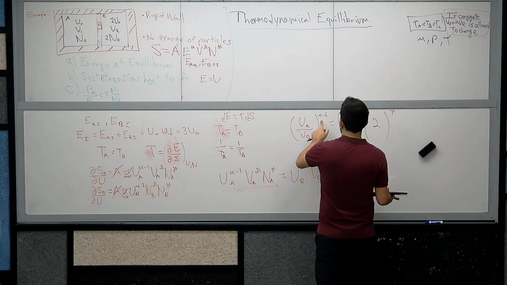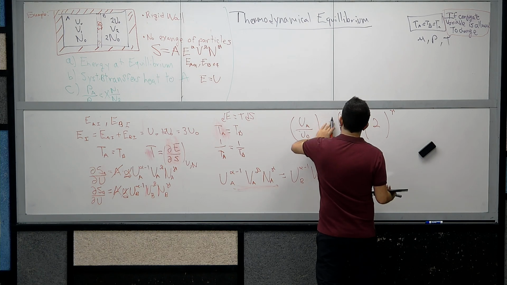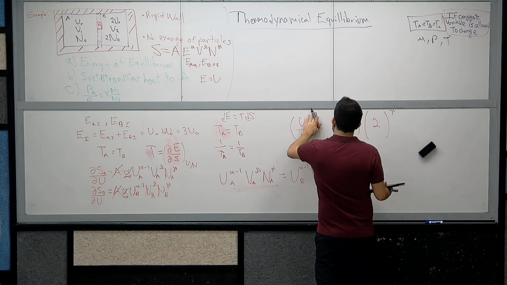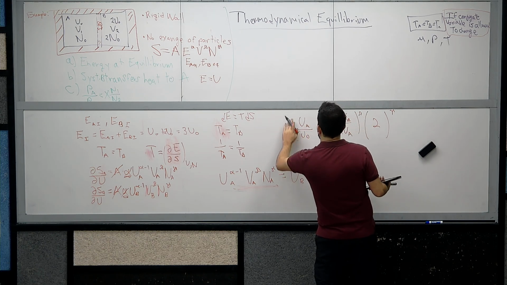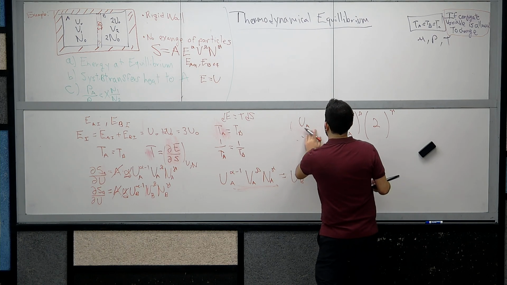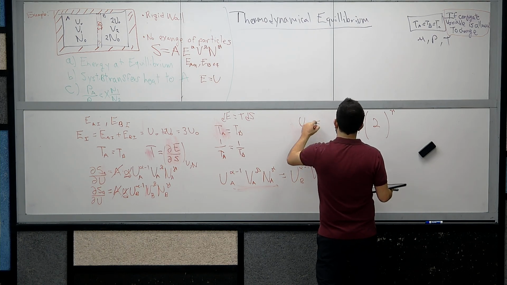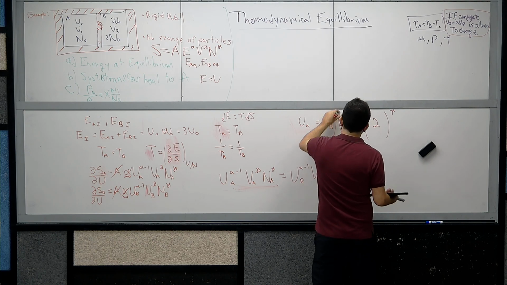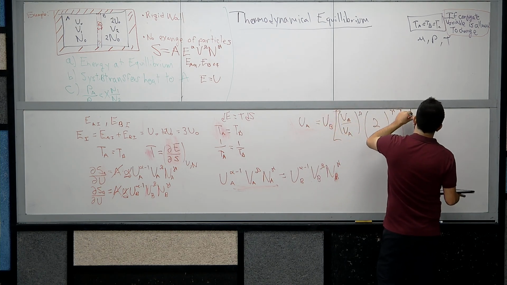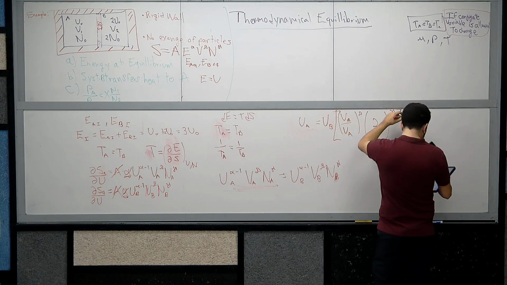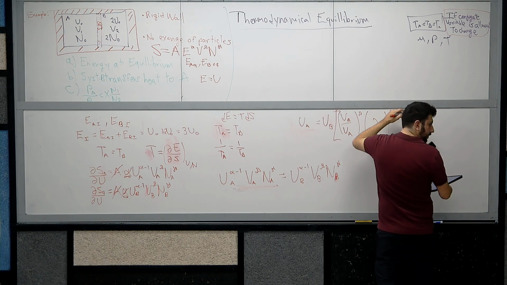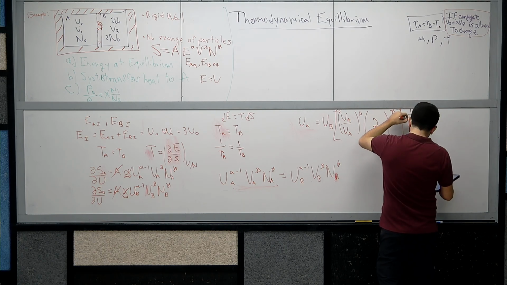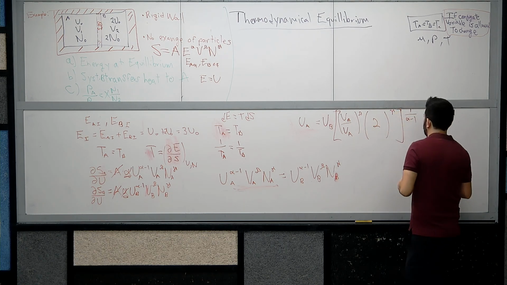Okay, so we can just put this. We can put just the energy of the system A as a function of the energy of the system B, right? And this is 1 over.